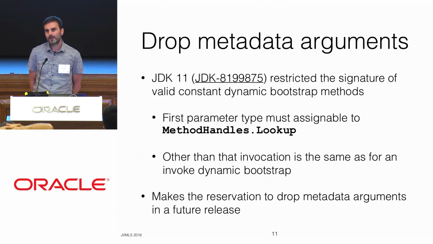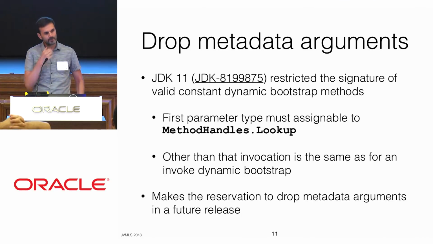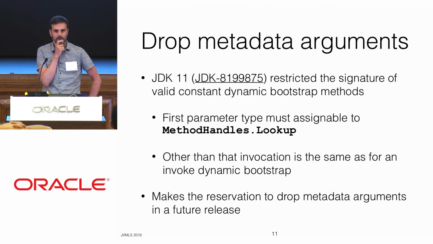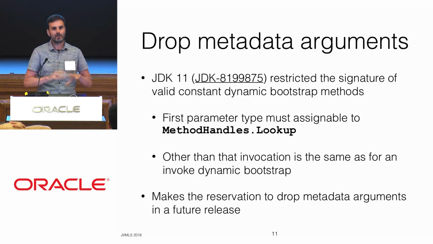Other than that, any invocation is the same. And that reserves space for us to later decide to do different invocation modes with condy than with indy. So we reserved that space, wondering whether this is a good idea or not. Let's just do this in case it is a good idea, so we don't get people coding in the same way as indy, and then we can't make this decision later on.